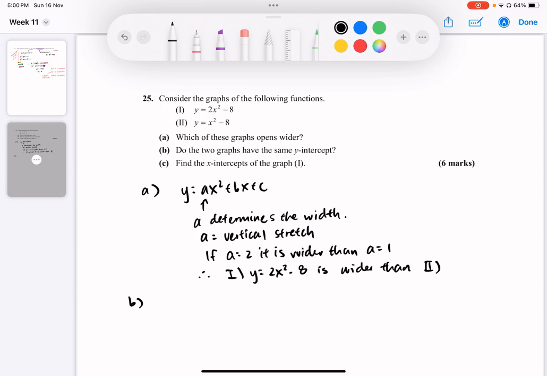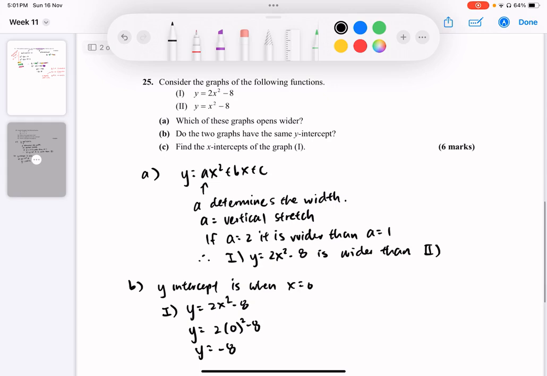Do the two graphs have the same y-intercepts? Okay, so we can just find out. The y-intercept is when x equals 0. So when we have y equals 2x squared minus 8 for the first one, then we have 2 times 0 to the power of 2, and that would be negative 8.